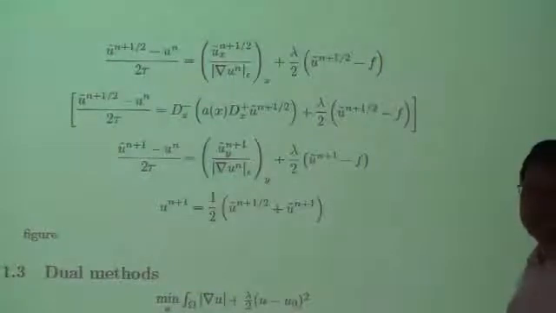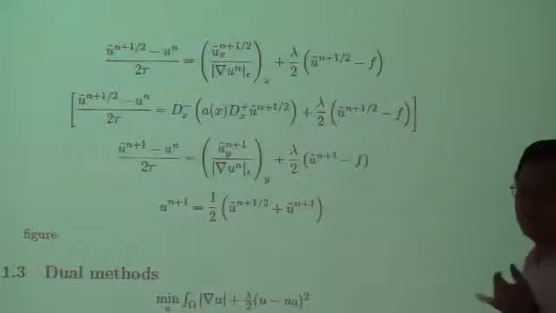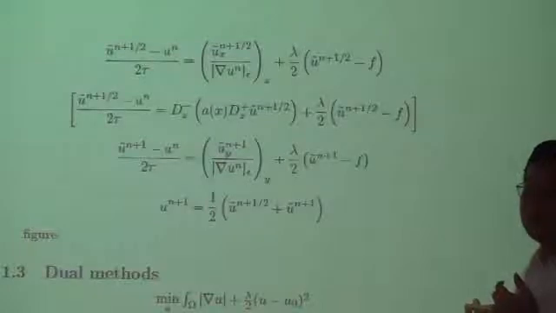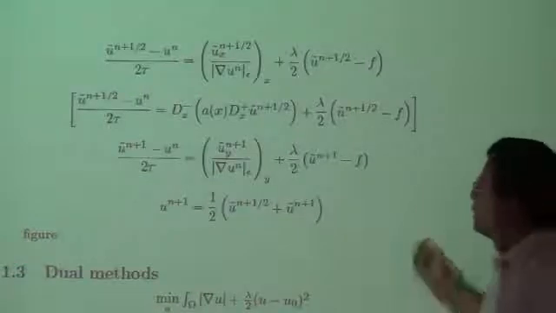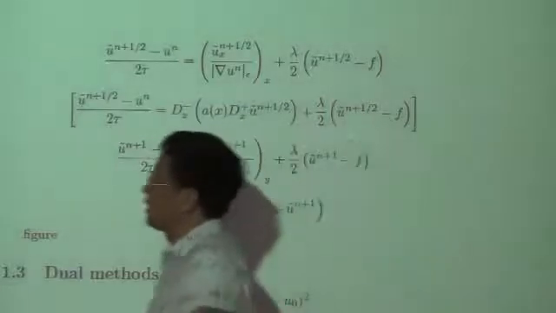This is the so-called AOS scheme. It's cheap. It's stable. You have nearly the same cost as the explicit scheme, but you get the convergence of the implicit scheme. That's definitely something, no money for dinner. That's very good. That's the reason it's really very, very good. So this is the AOS scheme.